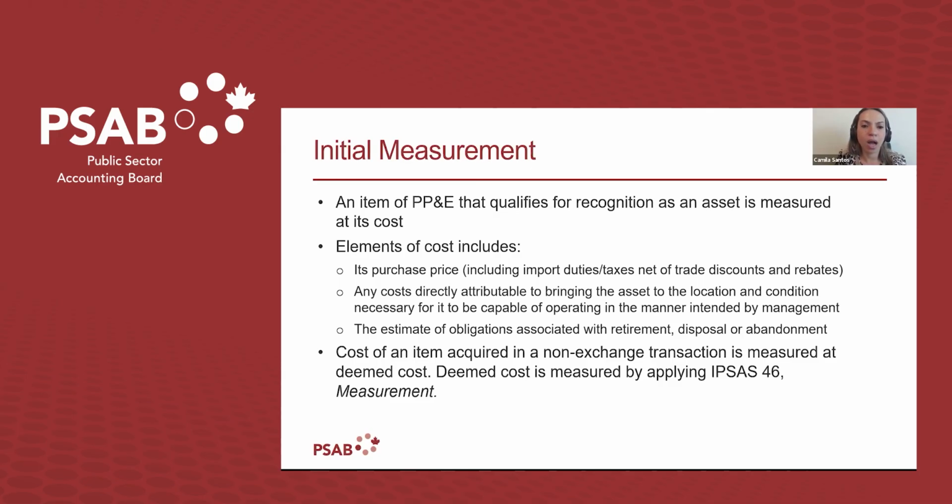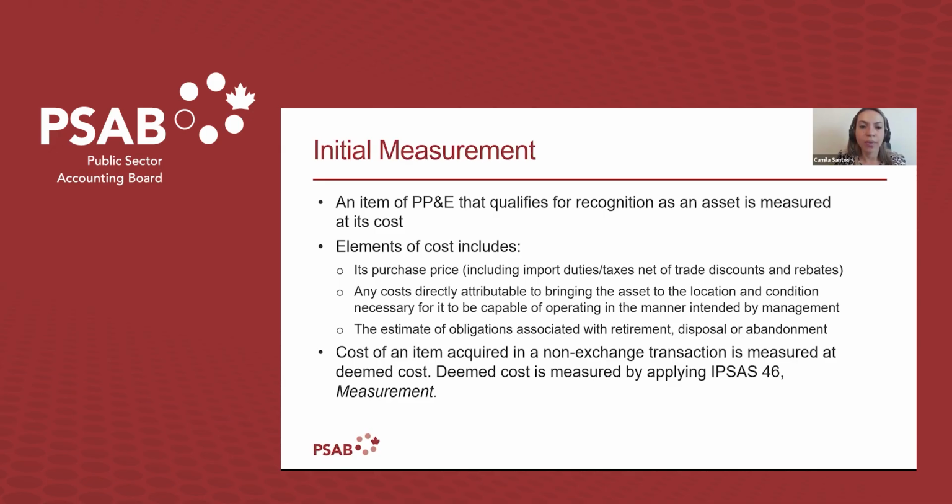Directly attributable costs, meaning any cost to bring the asset to its intended location and condition, ensuring that the asset is capable of operating as management intends. Dismantling and removal costs associated with retirement, disposal, or abandonment of the assets.